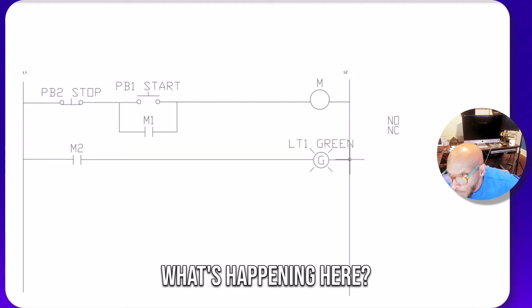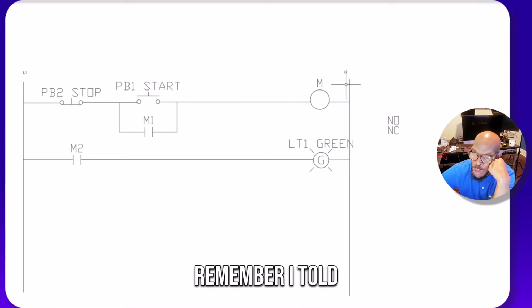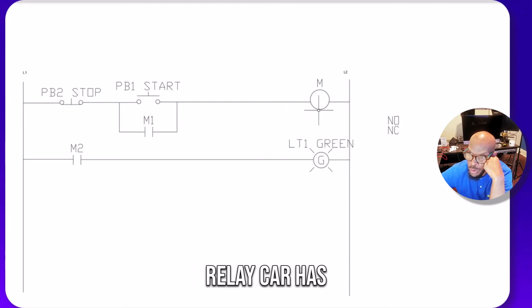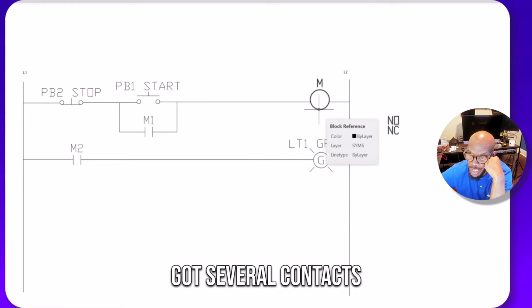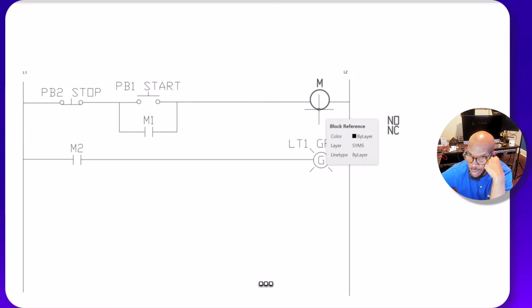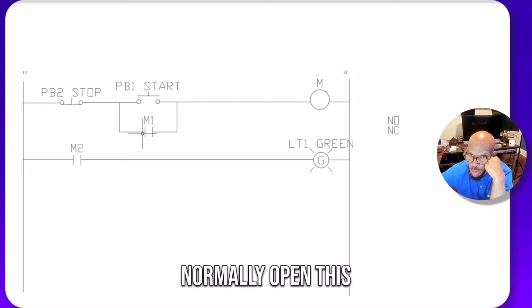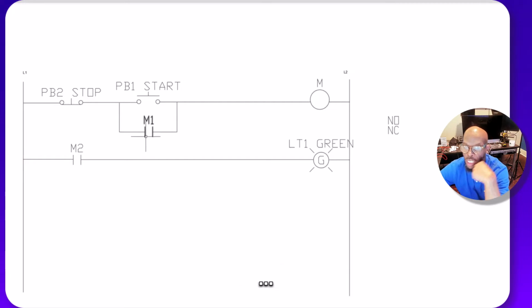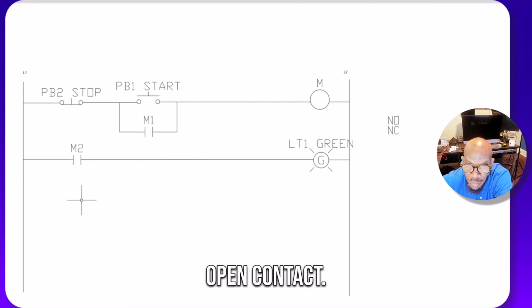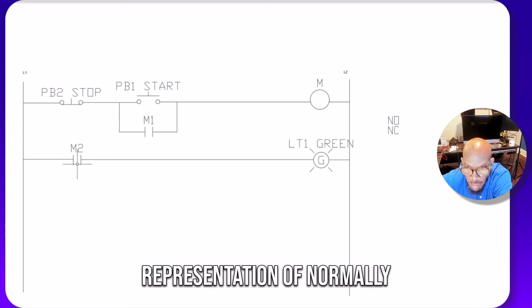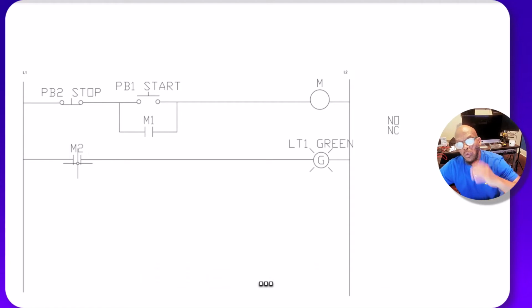So what's happening here? Remember I told you that this relay coil has got several contacts on it. So it's got 3 normally opens and 3 normally closed. This is a representation of a normally open contact, and this is a representation of a normally open contact.